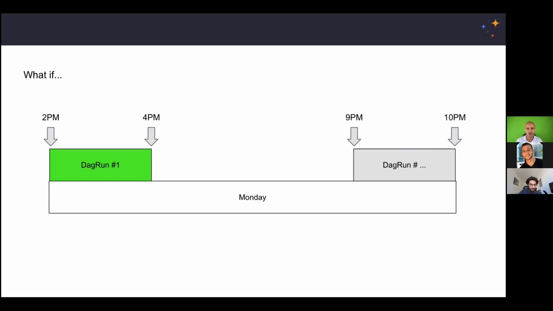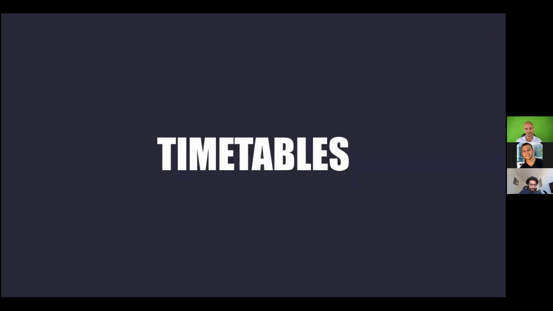So how can you solve those use cases that we all wanted to solve at least once in our Airflow journey? Well, this is where this feature, the best one, comes in: timetables. Timetables are great. Now you have all the flexibility, all the power that you ever dreamed of for scheduling your DAGs.